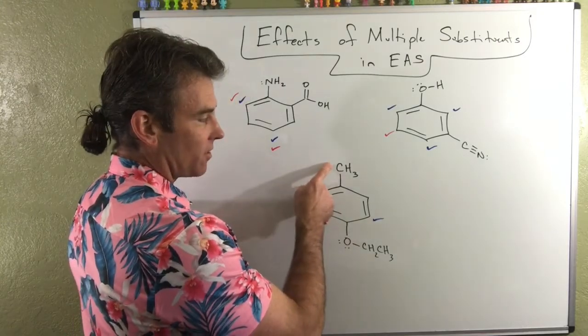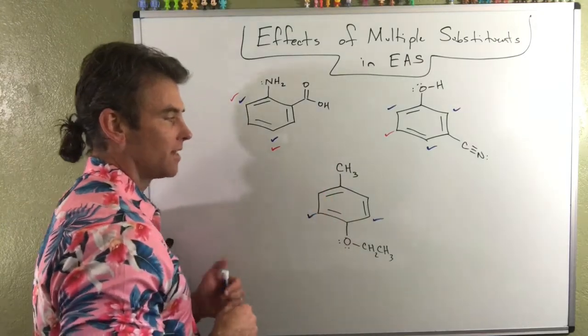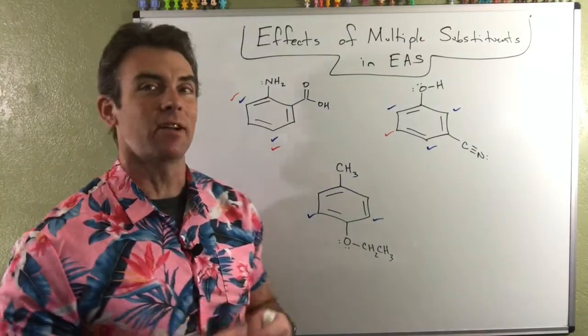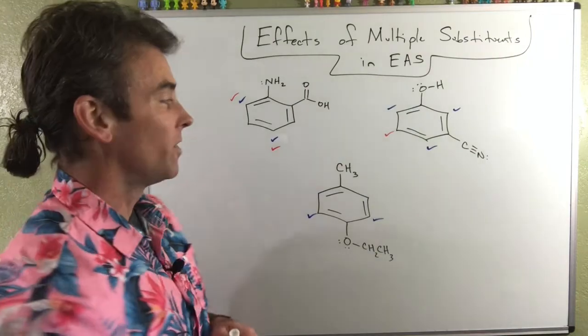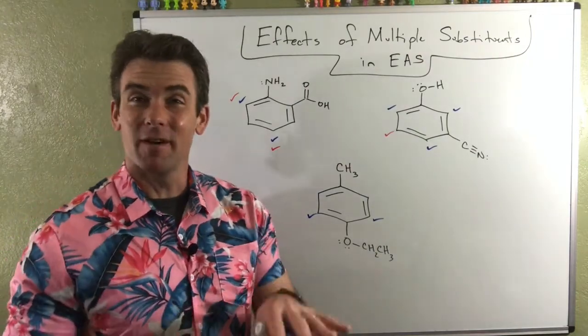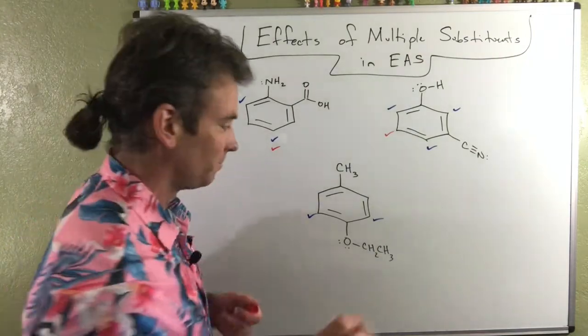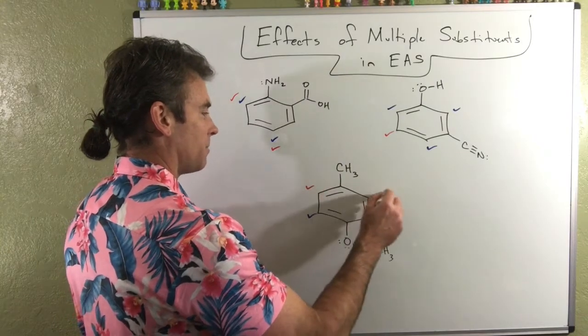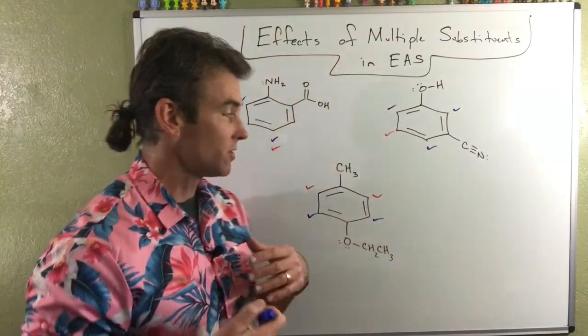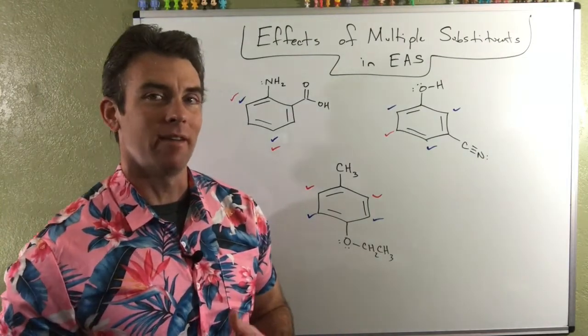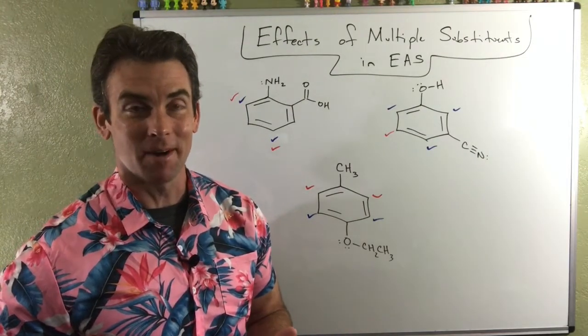Then I look at this alkyl group, and we remember that these groups are slightly inductively stabilizing of the transition state. So they're very slightly activating and very slightly ortho-para directing, and it sets up a similar situation to what we had here, where one group is trying to put in an electrophile in one spot and another is trying to put it in a couple other spots.